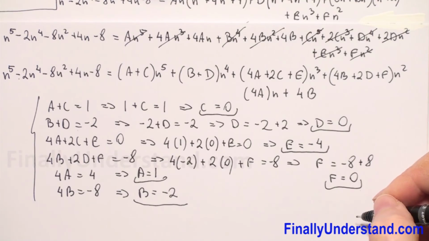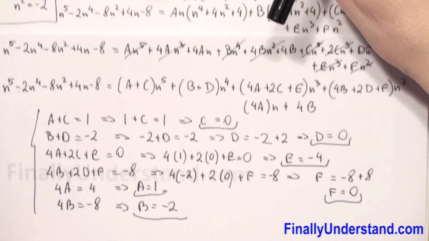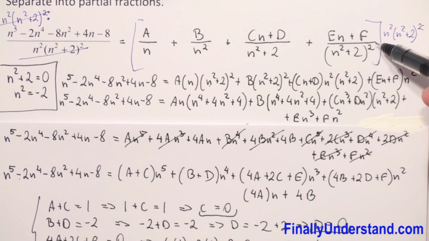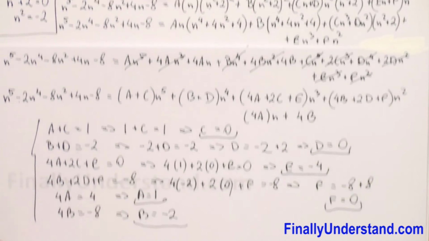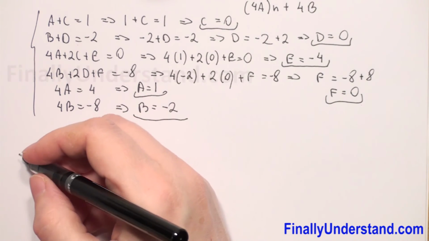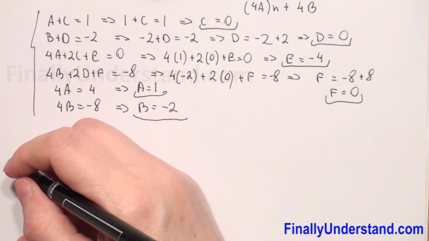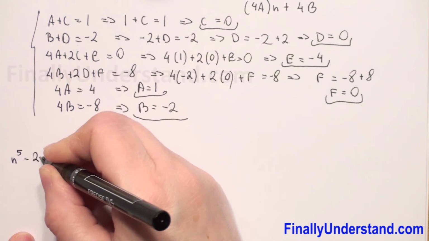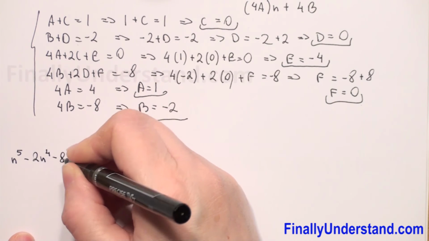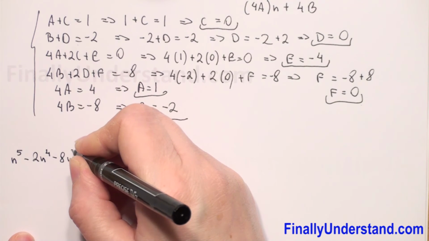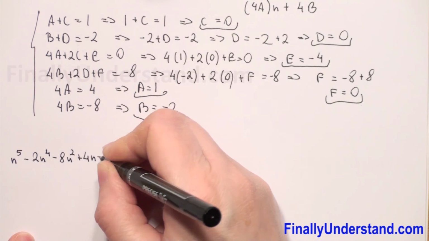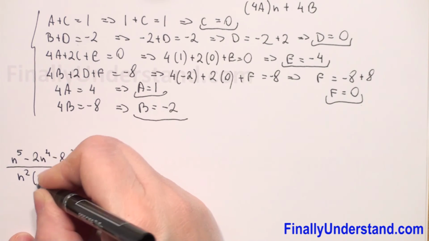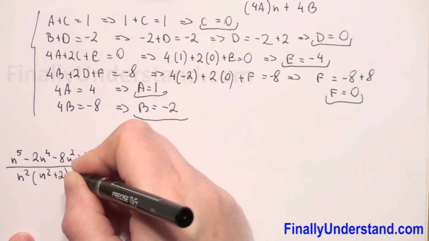We found all constants, so now we have to come back to our partial fractions, substitute a, b, c, d, e, f, and we have our solution. Let me copy the beginning. It means our original fraction is n to 5th power minus 2n to 4th minus 8n squared plus 4n minus 8 over n squared times n squared plus 2 to 2nd power.